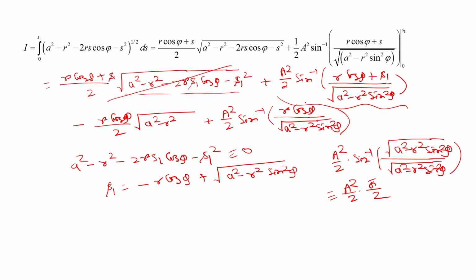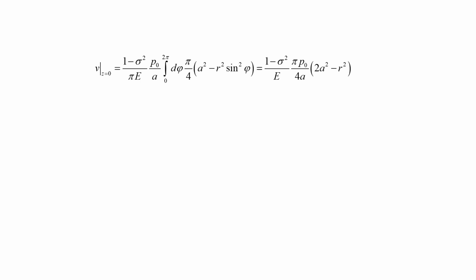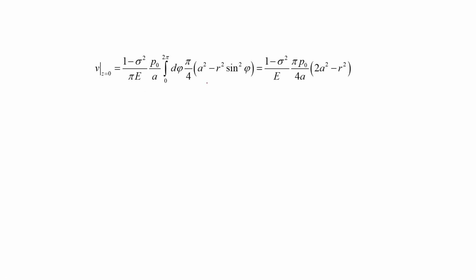Now, we need not worry about this term and this term, because when we integrate from 0 to 2 pi with respect to phi, these terms will fall out. If we consider all that, we will have only this term that is of consequence. So, this is pi by 2 and this is 2 here, so it is pi by 4, and a square is written as this quantity.